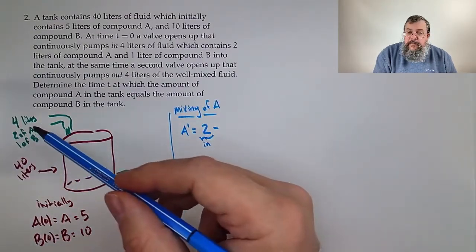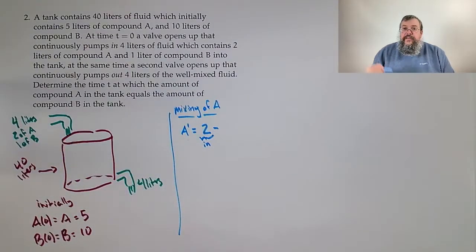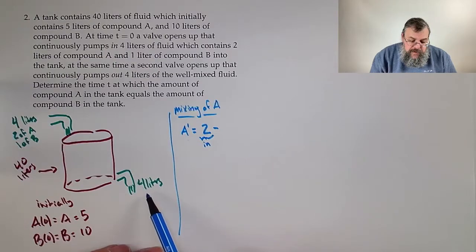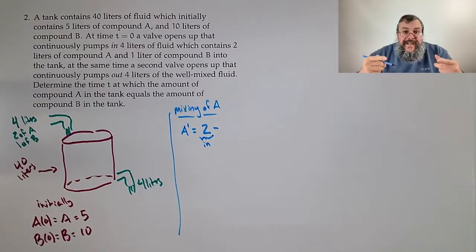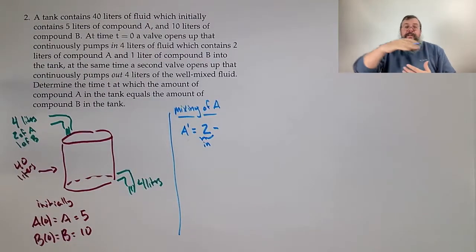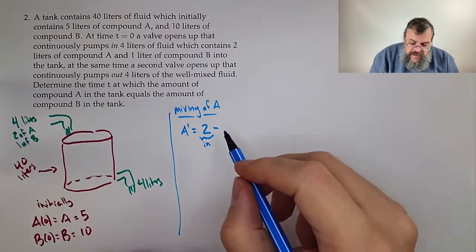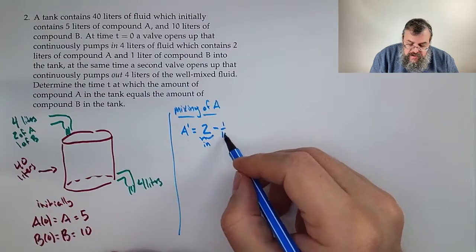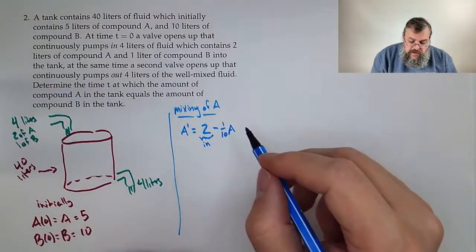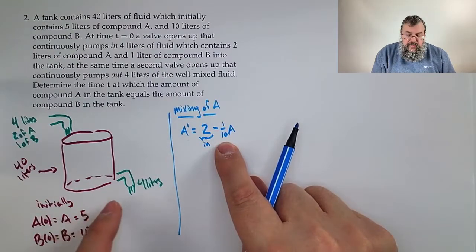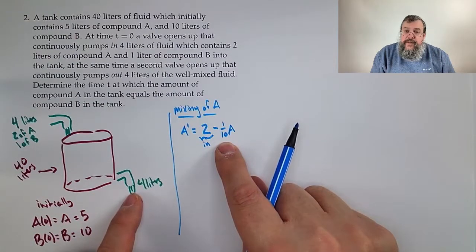Notice that the amount coming in and the amount going out is equal, which means there's always going to be 40 liters in the tank. Since 4 liters pump out of a total of 40 liters, 1/10 always gets pumped out. Since it's well mixed, 1/10 of A is going to be pumped out.